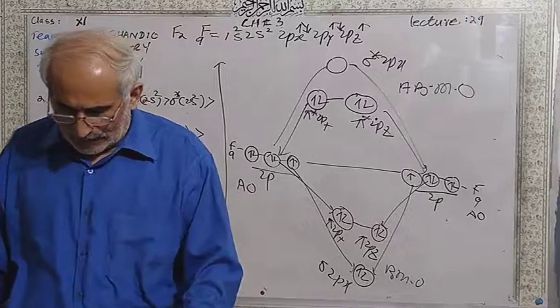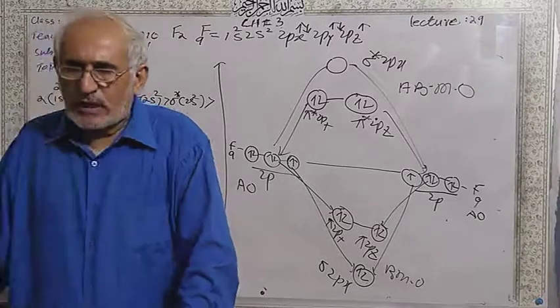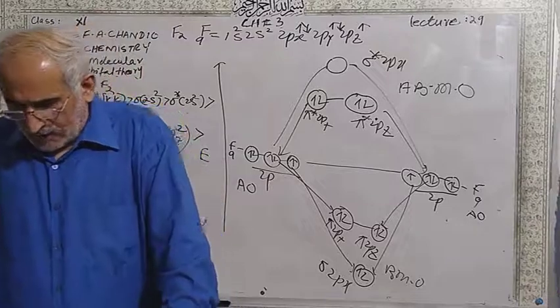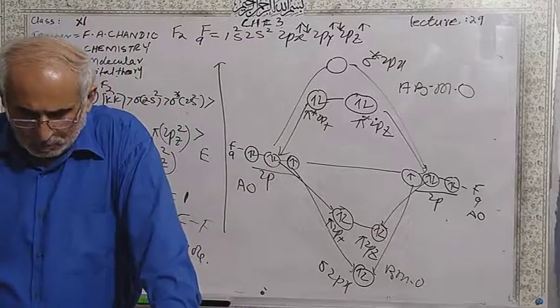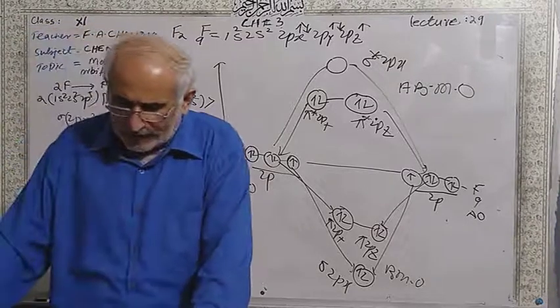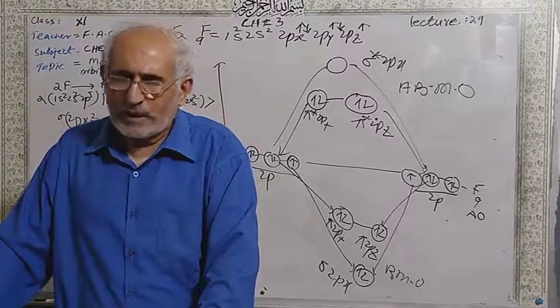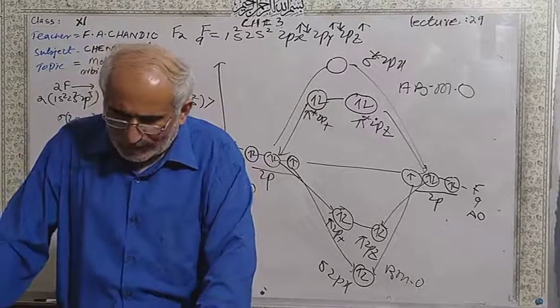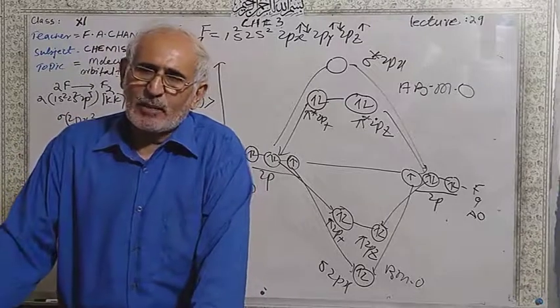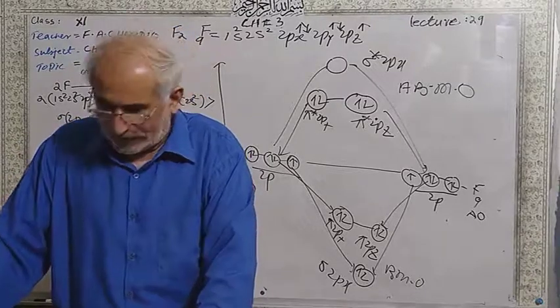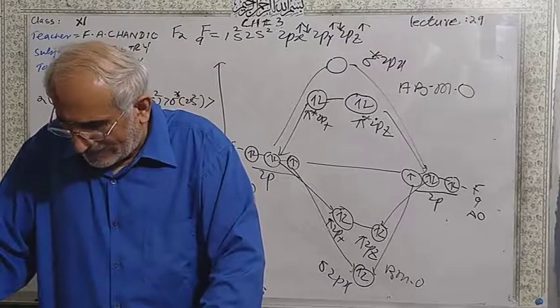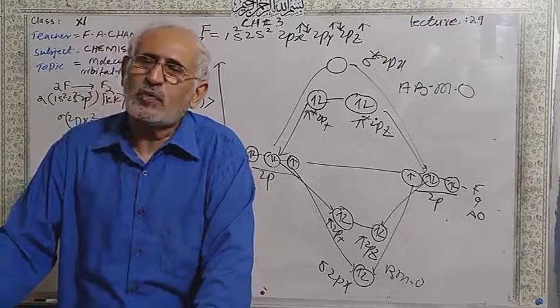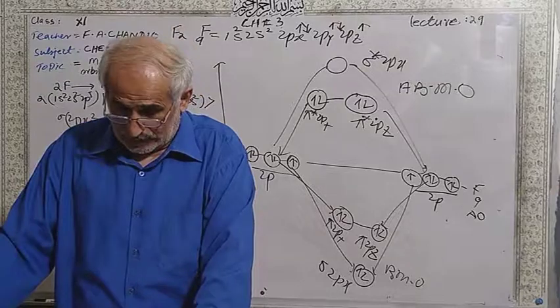VBT does not explain the paramagnetic behavior of oxygen, but MOT explains it. VBT does not give an idea about bond order, but MOT does. VBT does not explain why the helium molecule is hypothetical, but MOT explains the non-existence of the molecule according to the energy diagram.